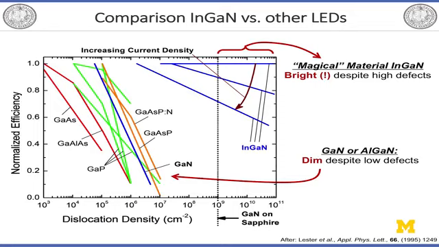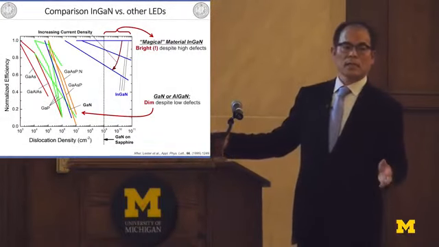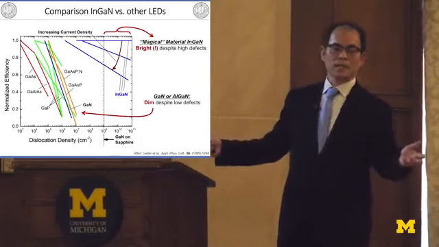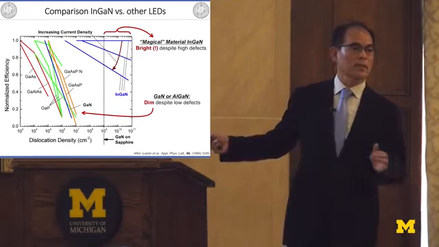These are all conventional III-V compound LEDs. You can see that if the dislocation density is more than 10 to the third, the efficiency becomes smaller. That's the reason why in the 70s and 80s all scientists said the dislocation density, meaning the crystal defects, should be less than 10 to the third in order to make high-efficiency LEDs.